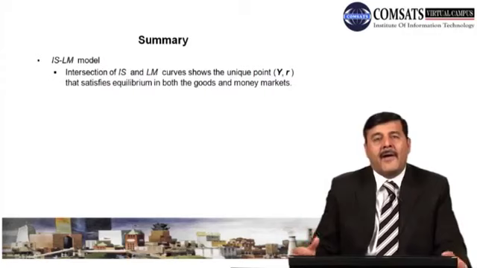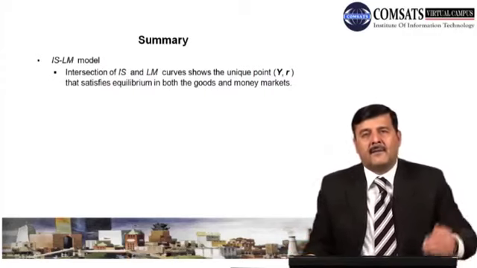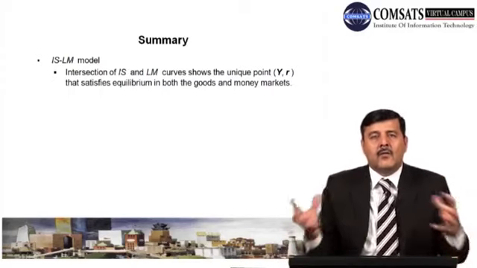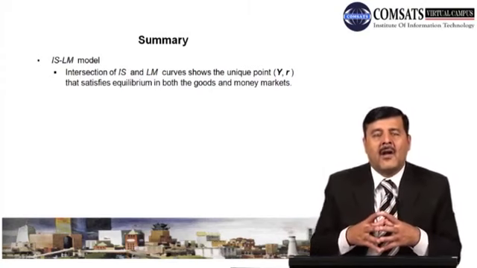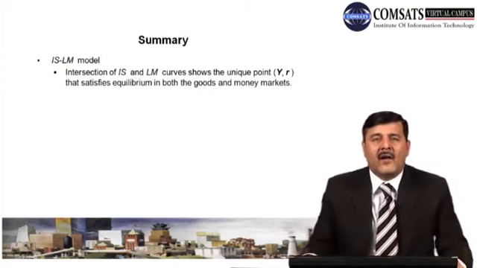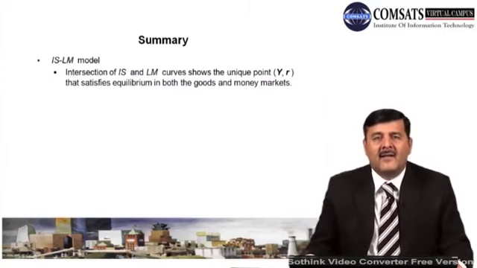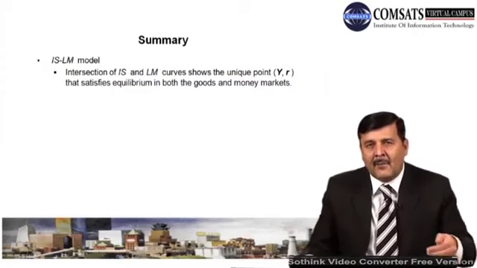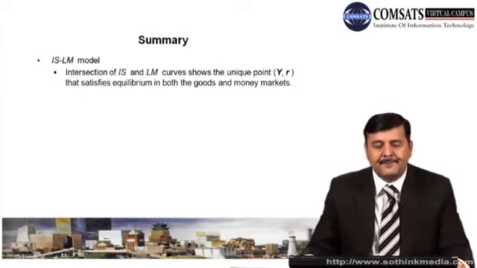Then we combined these two curves, the IS curve we studied in the previous lecture and the LM curve we learned in this class. Combined in one model, this gives us a unique combination of R and Y, which satisfies equilibrium both in the goods market and the money market.